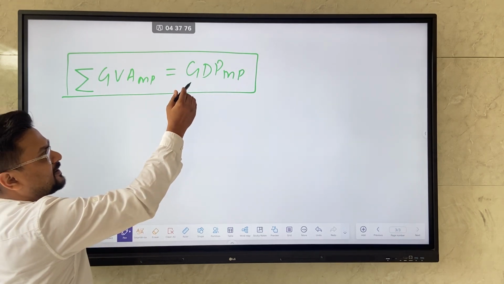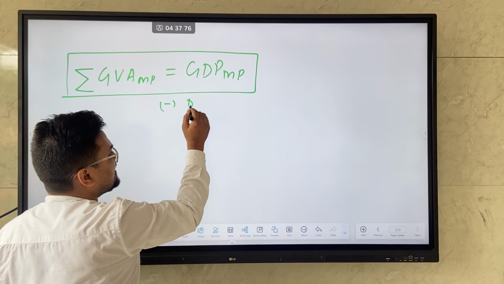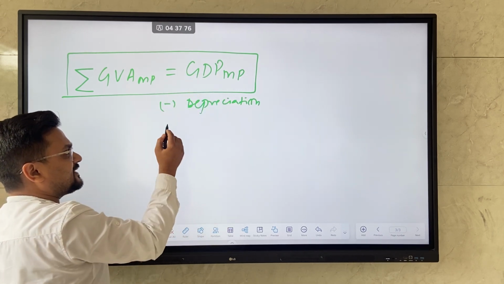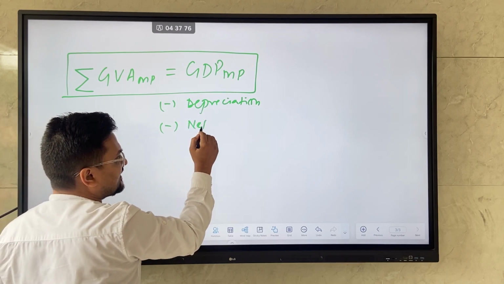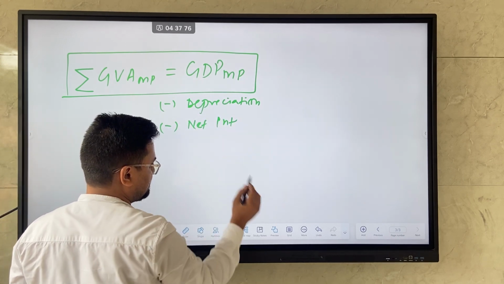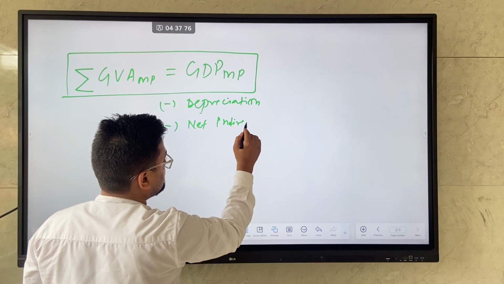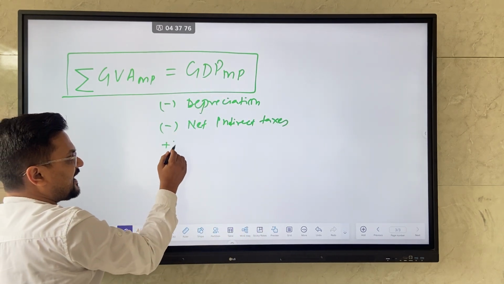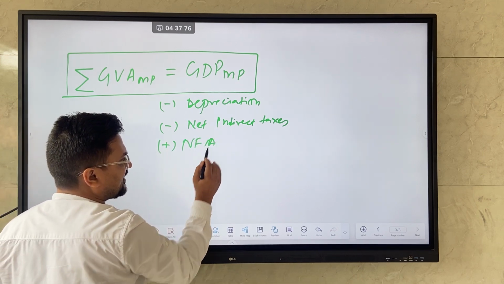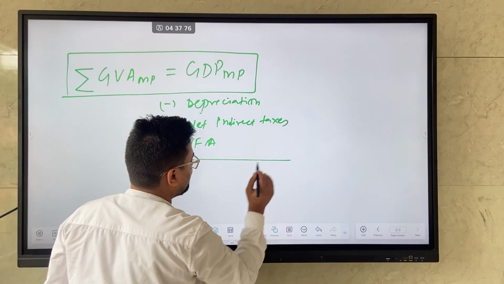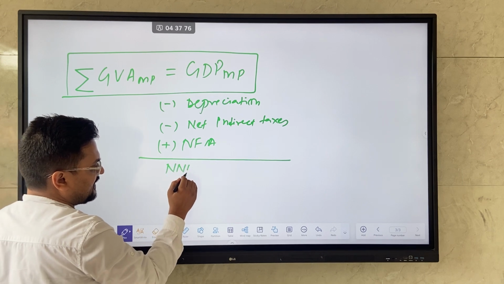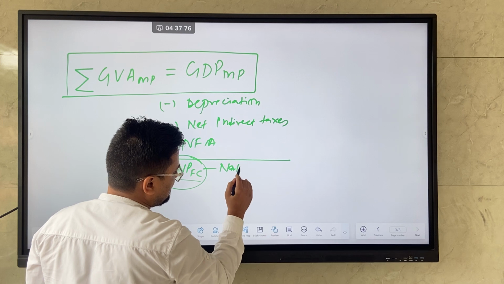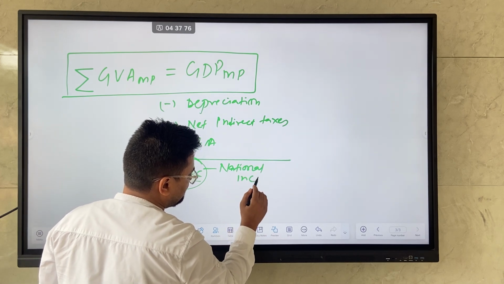Now from GDP at market price, if we subtract depreciation, okay, so we arrive from gross to net, subtract net indirect tax, then we get from MP to FC, and if we add NFIA, that is net factor income from abroad, ultimately we are getting NNP at factor cost, right? So this NNP at factor cost is national income.